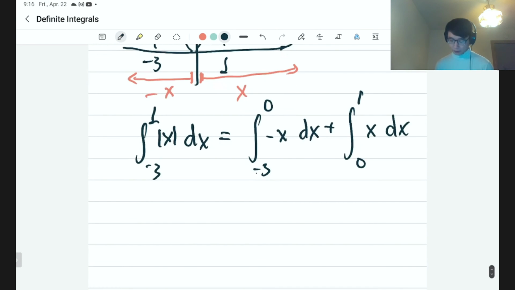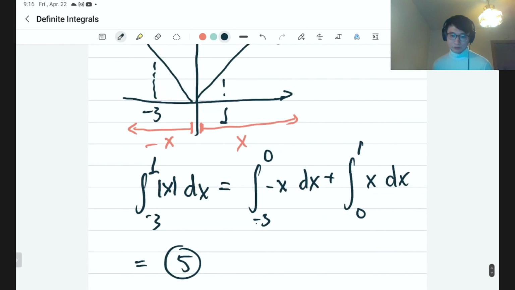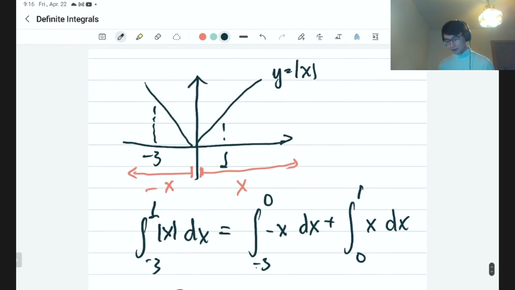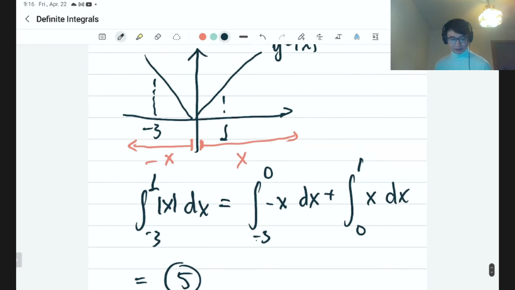All right, and we've got to work it out the same way. And so I believe it is still equal to 5. You can work out the math if you want to, but again, it's equal to 5. So this is the way to solve this, applying this property, and why it exists.